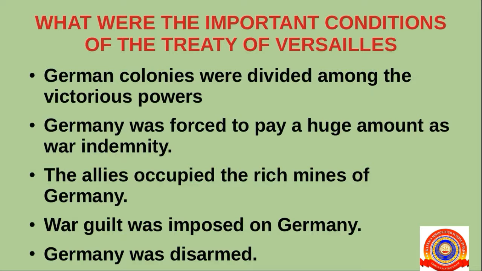According to this treaty, German colonies were divided among the victorious powers, and Germany was forced to pay a huge amount as war indemnity. By this, the Allies occupied the rich mines of Germany. Then the war guilt was imposed on Germany and it was disarmed.